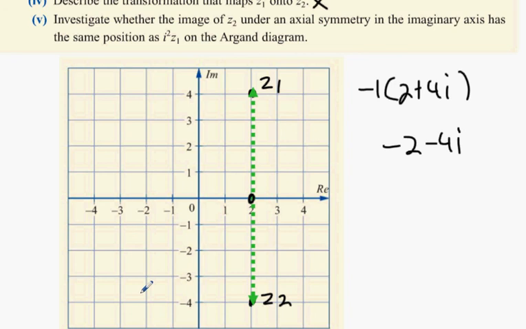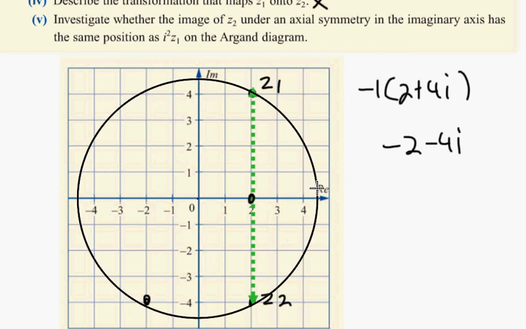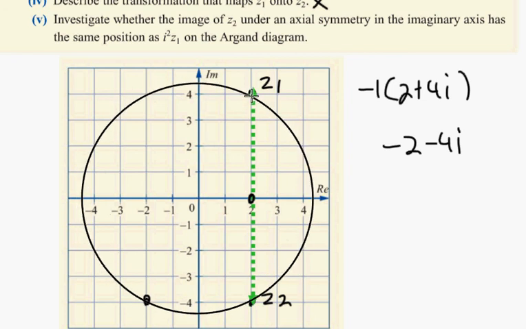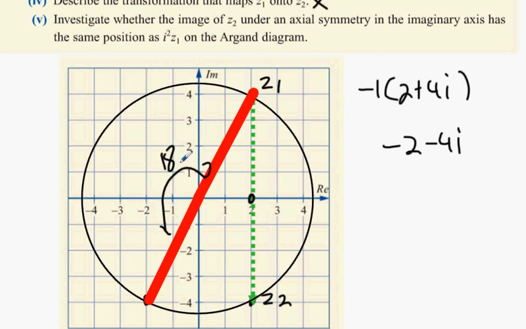Minus 2 minus 4i is down here. If we were to picture our circle again, how much of a rotation from Z1 is it? That's 180 degrees, isn't it? Goes all the way through.